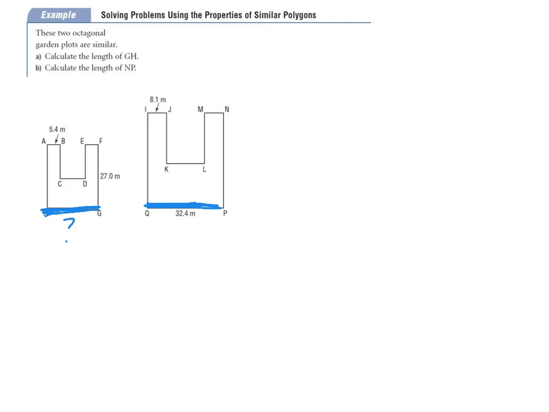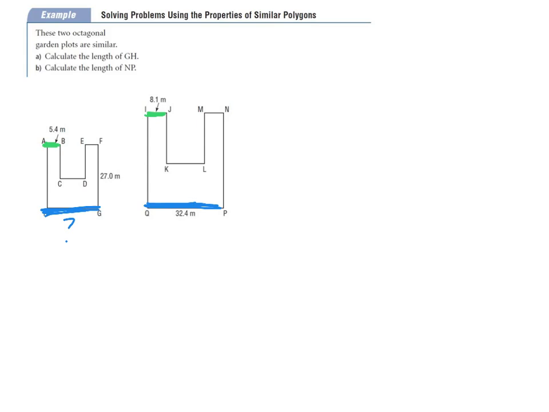We also have this little side up here, AB, and we also have the corresponding side, IJ. So if we have these corresponding sides, we can set up a proportion, or, if you want to think about it, like calculating the scale factor.